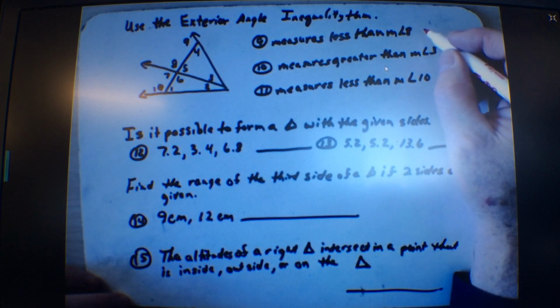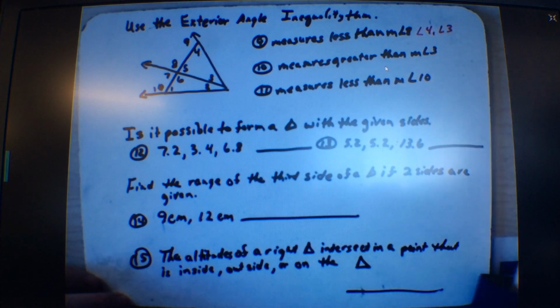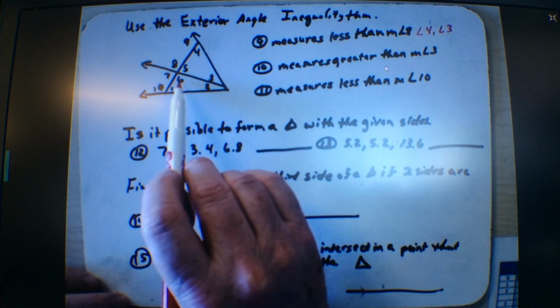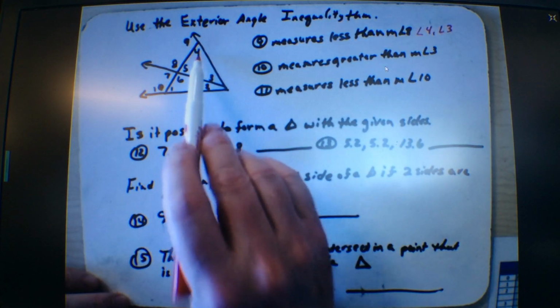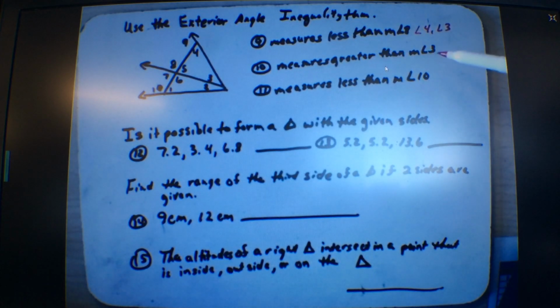Okay, and remember, we're only using the triangle, right? Now, 8 is equal to 6, isn't it? But then 6, is it an exterior angle? It is an exterior angle for 4 and 3 also, right? So that doesn't really help us out. So I think it's just 4 and 3, isn't it? Okay.